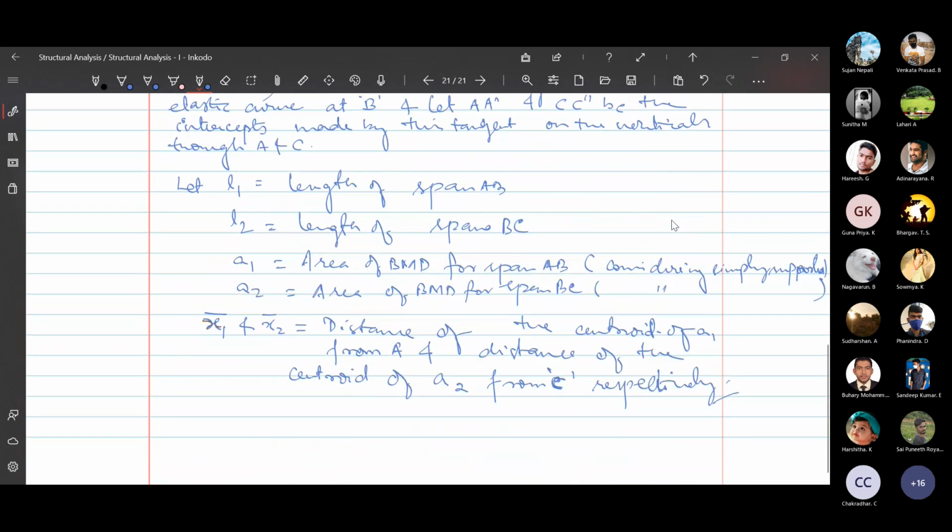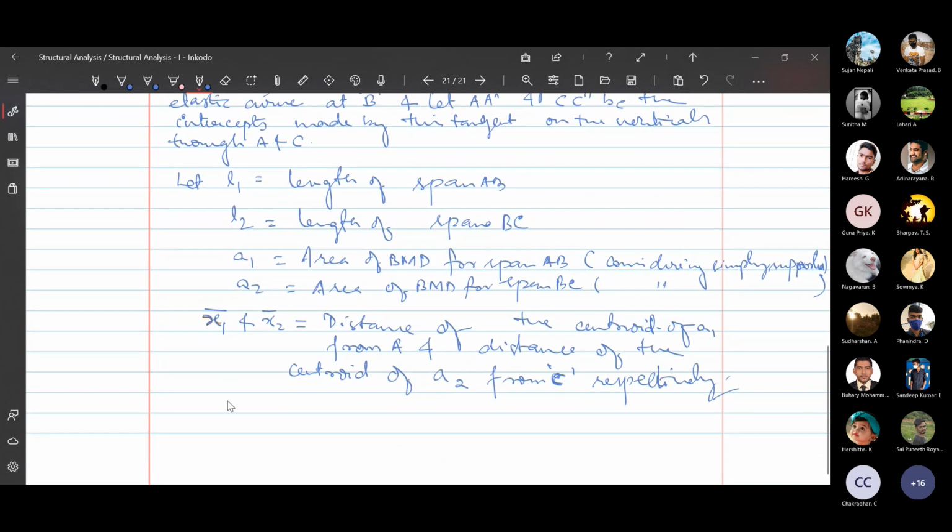So E1 I1 and E2 I2 are the flexural rigidities of span AB and BC respectively.